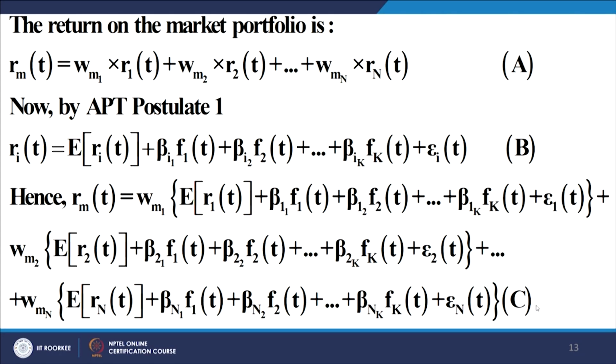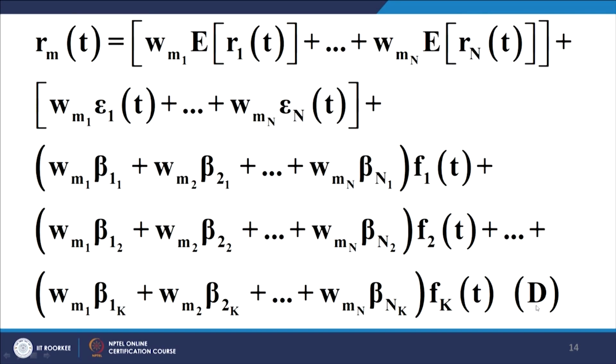It is an extensive equation, but it is simply obtained by substituting equation B, as it becomes in the context of securities 1, 2, 3 up to n, into equation number A. In other words, we substitute the expressions for R1T, R2T, R3T up to RnT from equation number B into equation number A, and we arrive at equation number C at the bottom of your slide. A little bit of rearrangement of equation number C gives me equation number D.